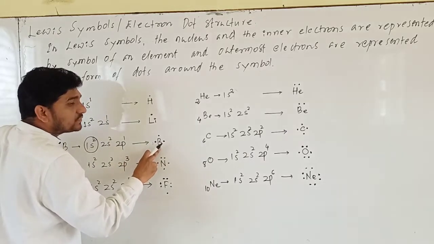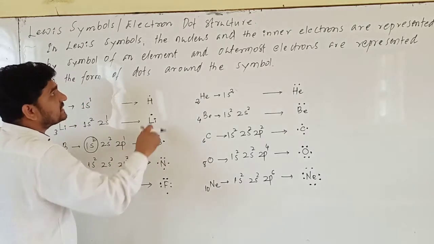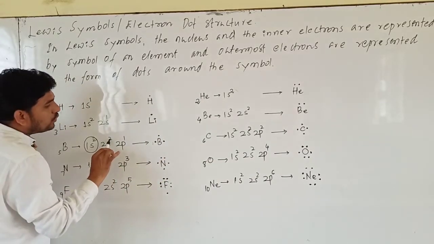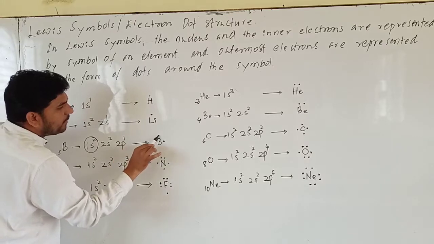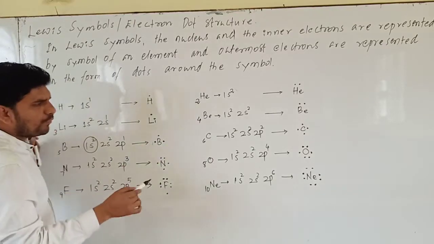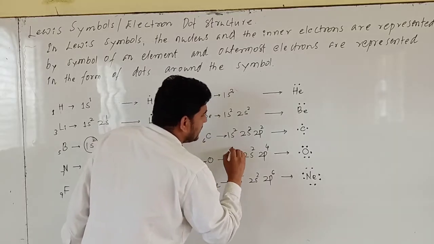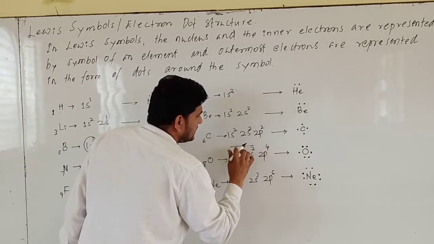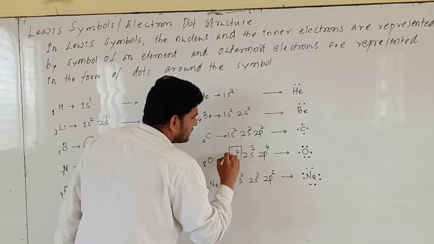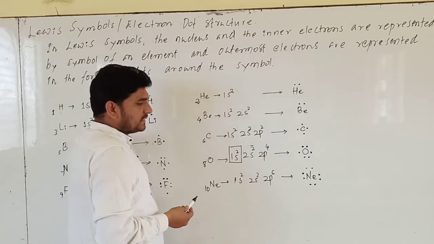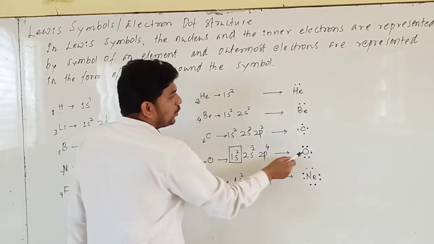That symbol indicates the nucleus as well as the inner electrons. Only the outer electrons are represented in the form of dots. Wherever you take, if you consider oxygen, the inner electrons plus the nucleus are represented by O.